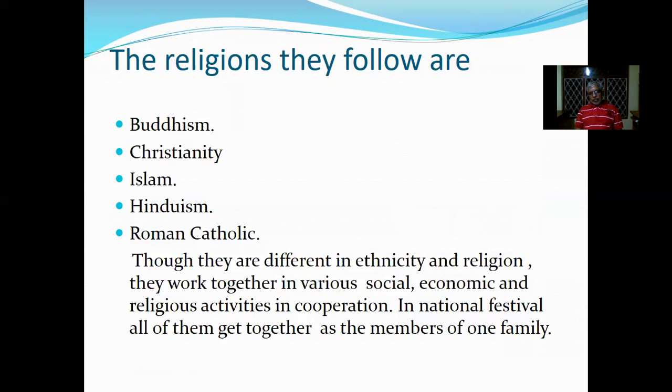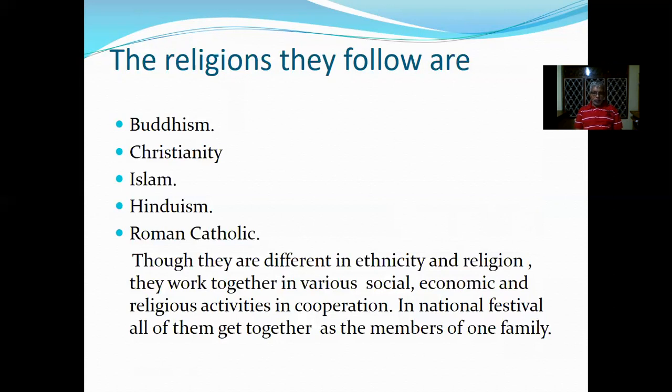Though they are different in ethnicity and religion, they work together. I mentioned it earlier, in various social, economic, and religious activities, in cooperation. That's the most important thing I mentioned. For the development of the country and society, working in cooperation is needed.